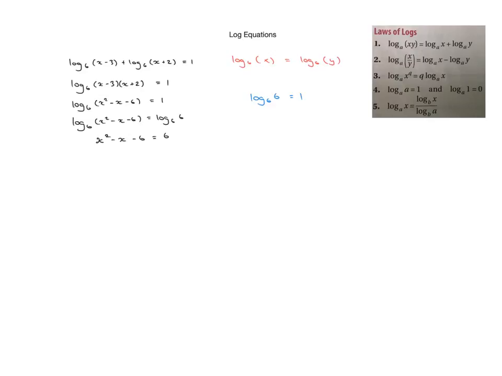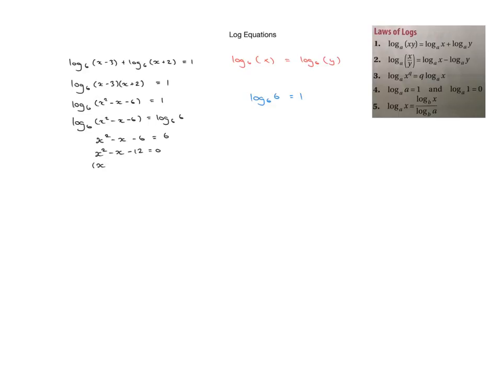And we essentially now have a quadratic to solve. And to solve a quadratic, we obviously need to have it equal to 0. So x squared minus x minus 12 is equal to 0. And now we're going to solve this by factorization, or using the formula, however you want to. This one's a fairly straightforward one.